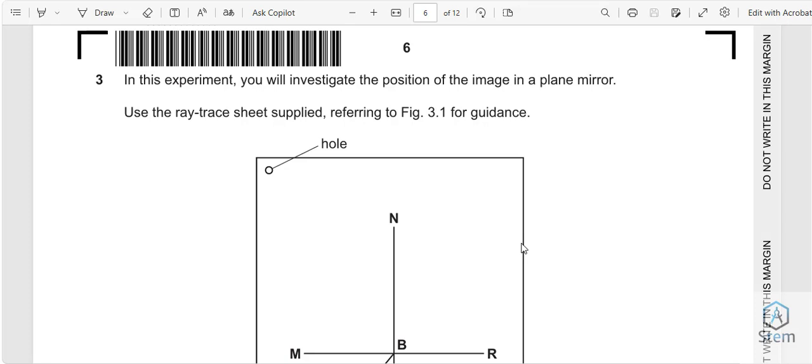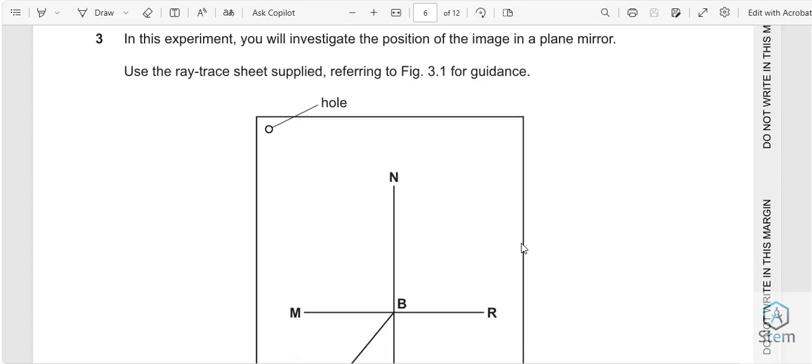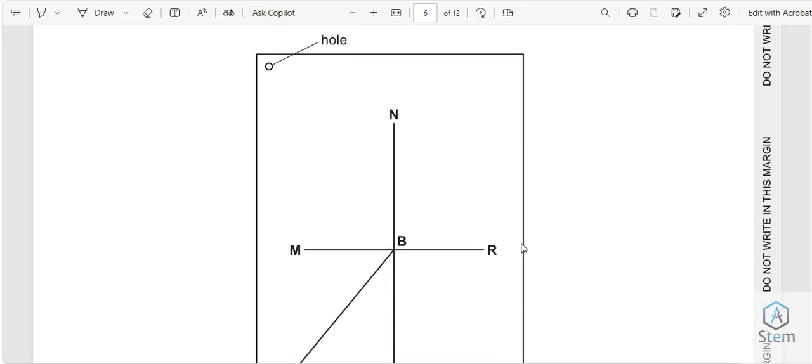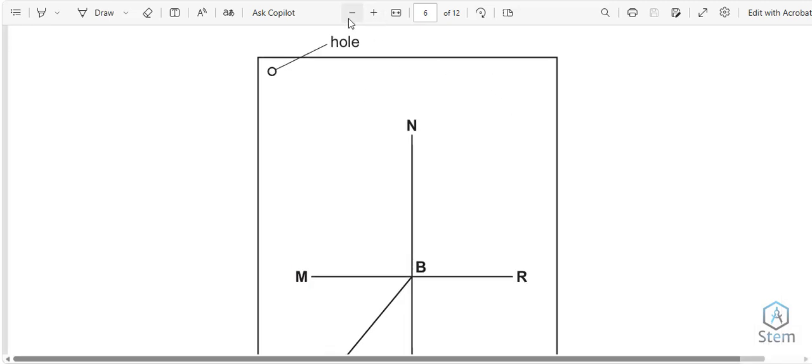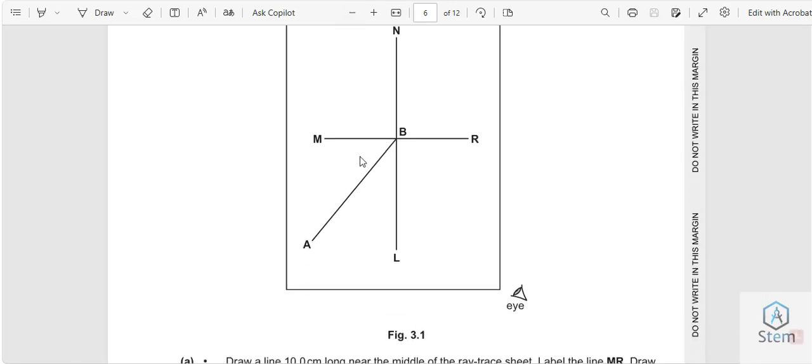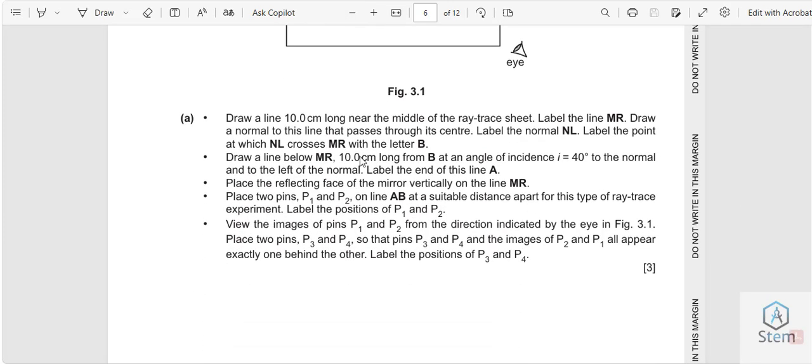So in this experiment, you will investigate the position of the image in a plane mirror, use the ray trace sheet supplied, referring to Fig 3.1 for guidance. So this is the diagram which is going to guide our work alongside the instructions.